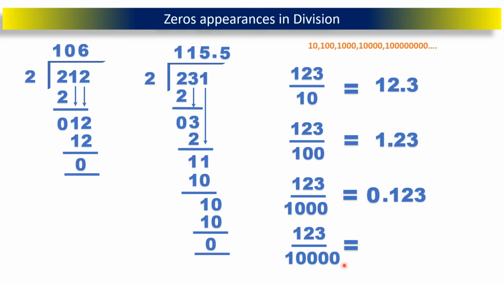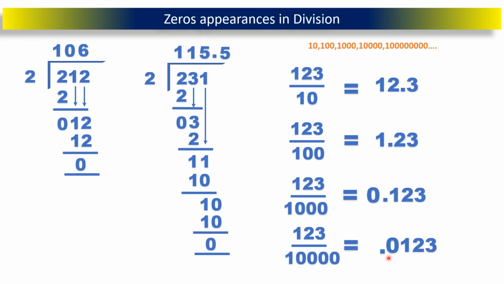If you have four zeros in the denominator but you have three digits in the numerator, how do we do it? Just the same method. We have to count the digits. How many digits? Four digits, but you have only three digits. If you are lacking a number, you need to make this a four digit number. Just add 0 to the fourth position. 1, 2, 3 and the fourth position, and then put a point.